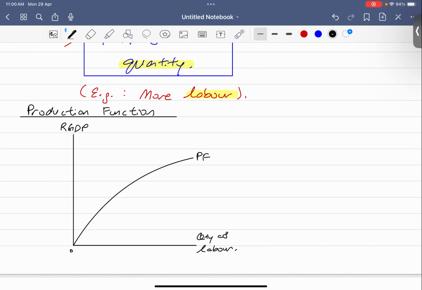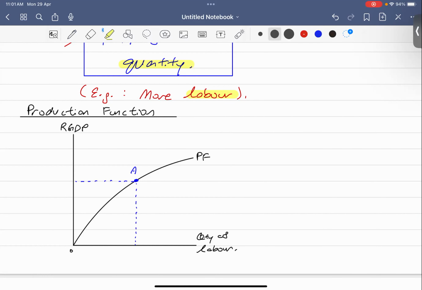So do you realize one thing over here? Let's say initially I'm at this point A. At first the economy is having this amount of labor and this amount of real GDP.